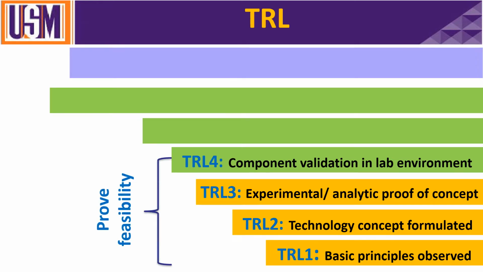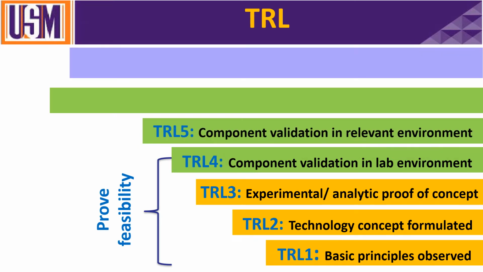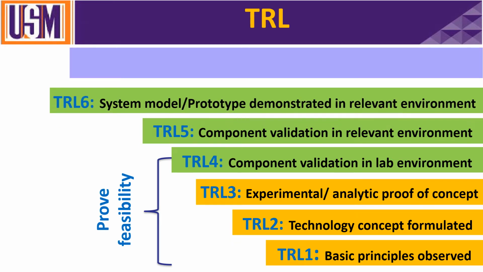It's not the actual environment. So these four are under a category known as proof of feasibility. So it is feasible, it is applicable. Then TRL 5, you validate, but in a relevant environment, not the controlled environment of the lab. Then TRL 6, you'll have not the component, but the system.